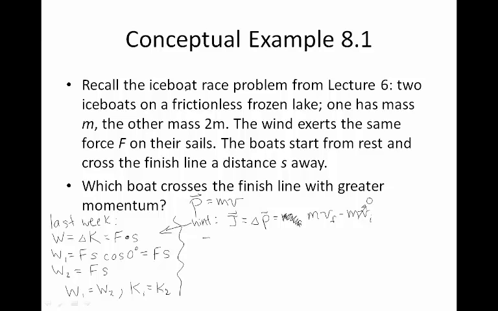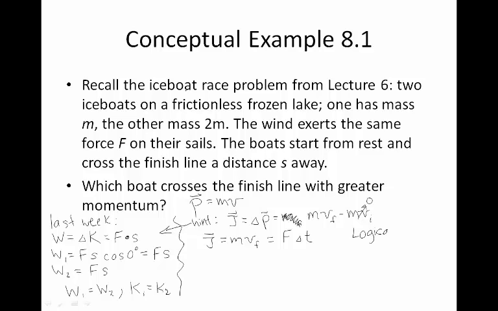So we have that impulse equals mass times final velocity for both boats. We also have a definition for impulse of force times the change in time. Both boats have the same force acting on them. We don't know too much about time, but we can qualitatively assess this.